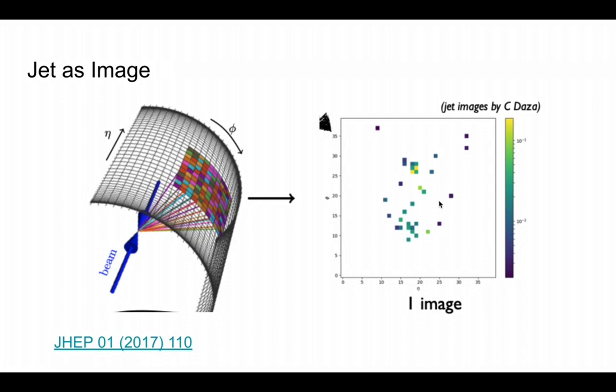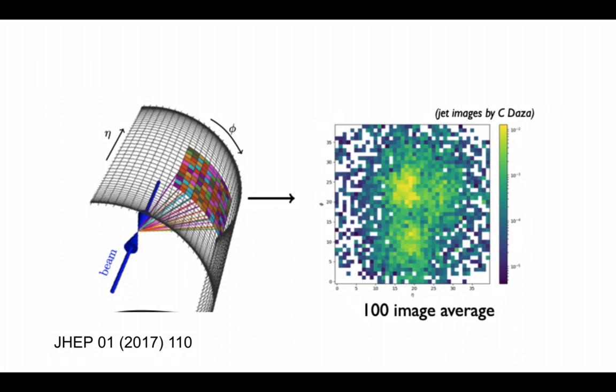When the top decays to two light quarks and a B quark, it could go in all directions, and we can do some symmetry operations. We can rotate this energy deposition based on the leading energy cell and the sub-leading energy cell. Furthermore, we can center the image with respect to the center of the jet. With these operations, we can collect multiple images and superpose their energy depositions into the same plot.